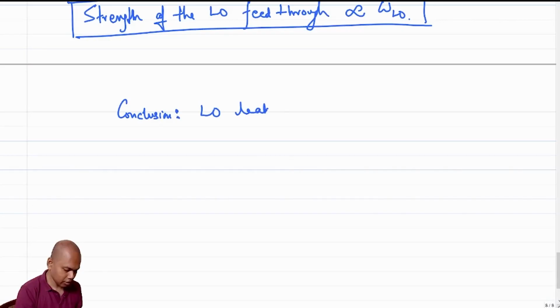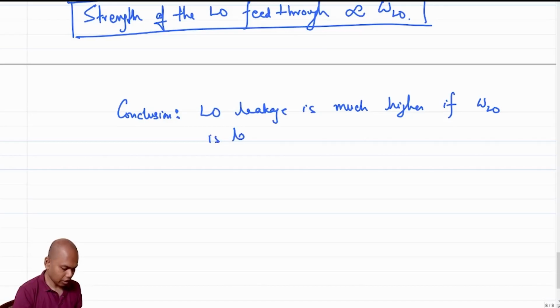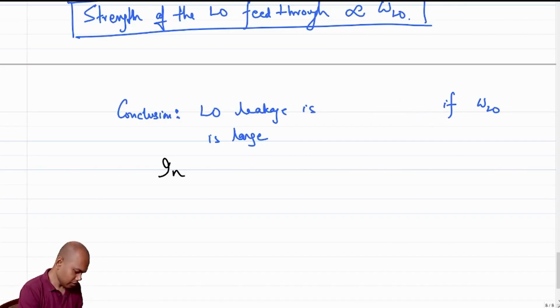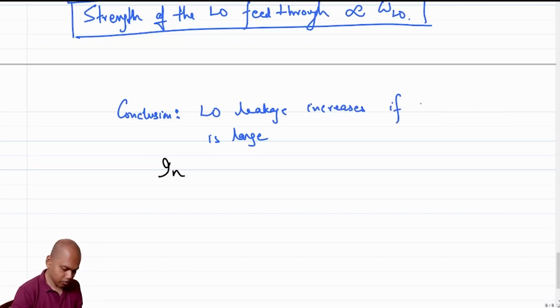LO leakage is large, or I should not say much higher, leakage increases if omega LO increases, right?